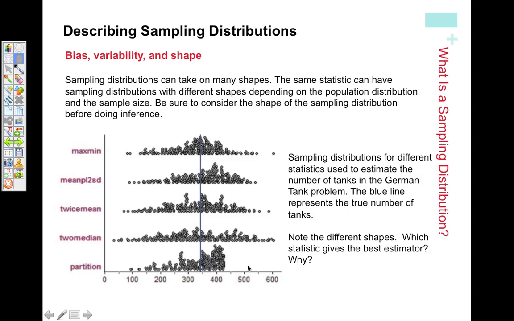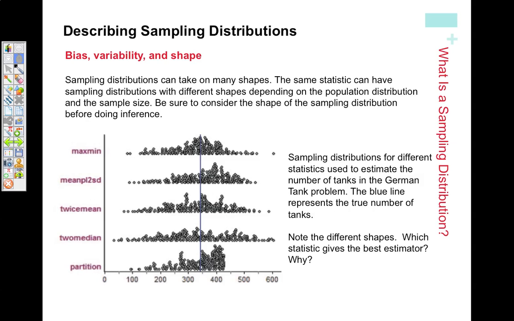Notice the different shape. Which one, and I don't care if you understand the tank problem or not, which statistic gives us the best estimate? Take a look at them. We want one that has low bias and low variability.